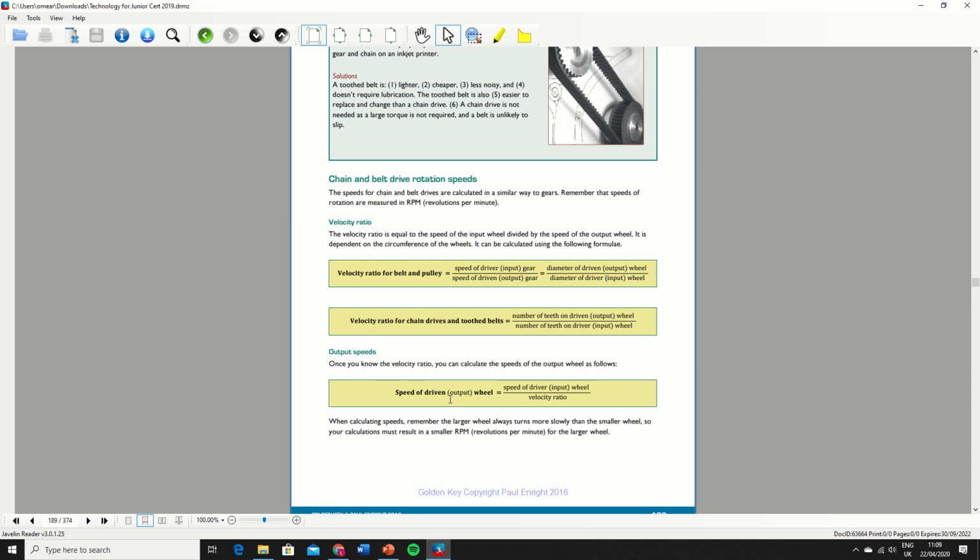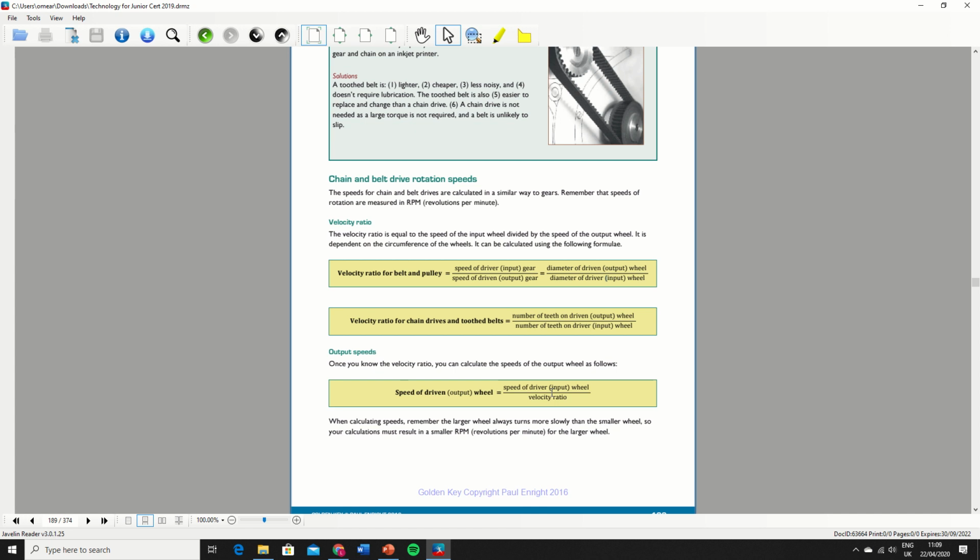Usually what you'll be asked is, given a certain amount of information, calculate the speed of such a wheel. So first of all you have to calculate the velocity ratio in order to get the speed. Okay, so output speeds. Once you know the velocity ratio, you can calculate the speed of the output wheel as follows. The speed of the driven or output wheel is equal to the speed of the driver, the input wheel, over the velocity ratio. Usually you'll always be given the driver speed anyway.